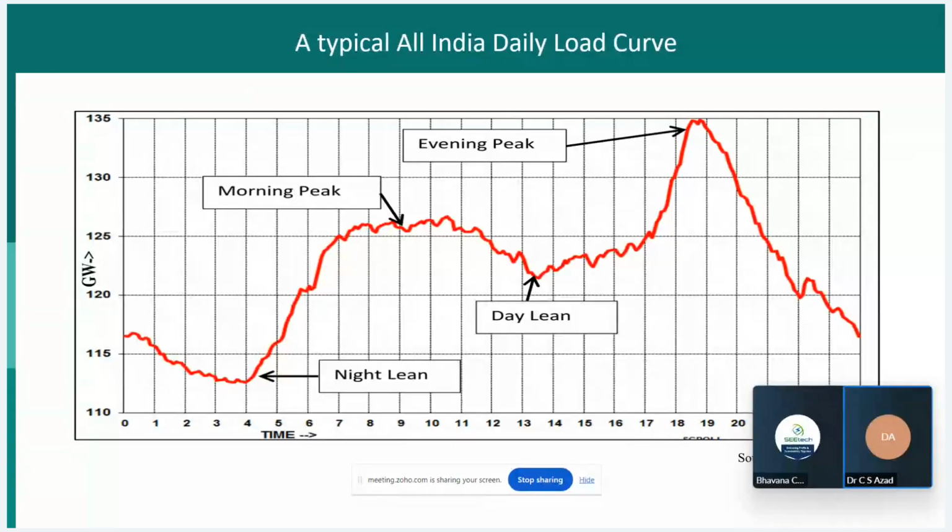Then the load builds up from 4 a.m. and reaches the morning peak at about 8 to 9. This stabilizes during lunch breaks and other things, then further reduces, and the evening peak is there during 18 to 19 hours. That means 6 to 7 p.m. is generally the evening peak.